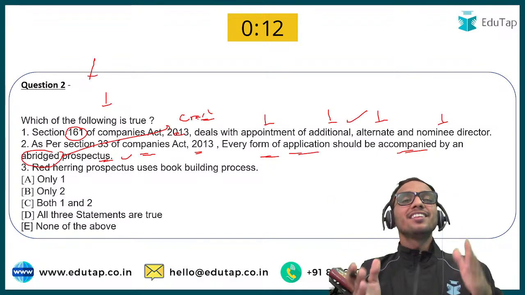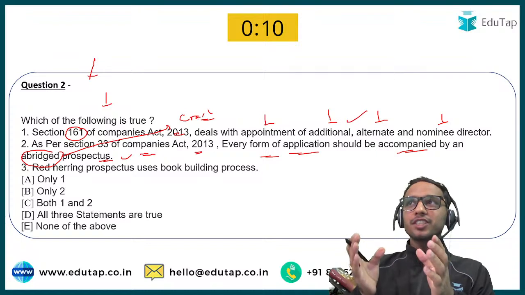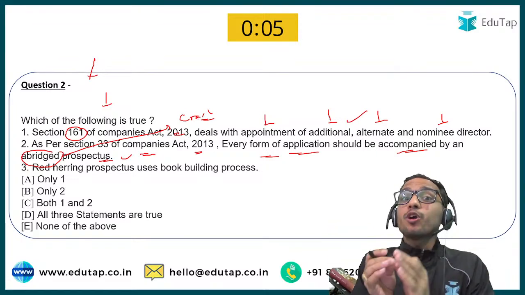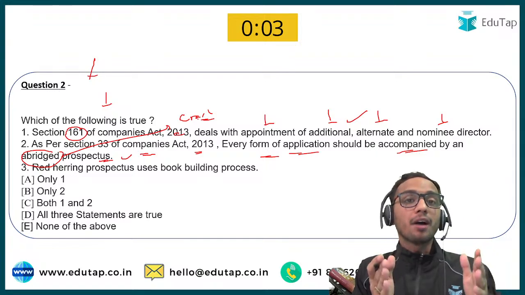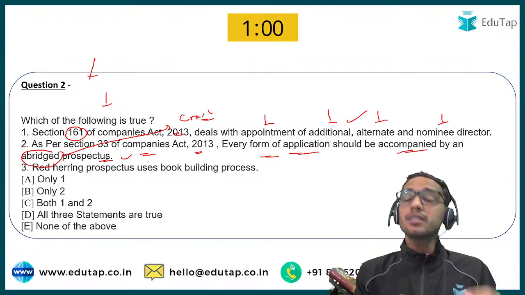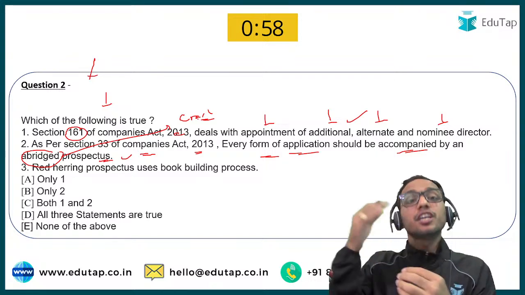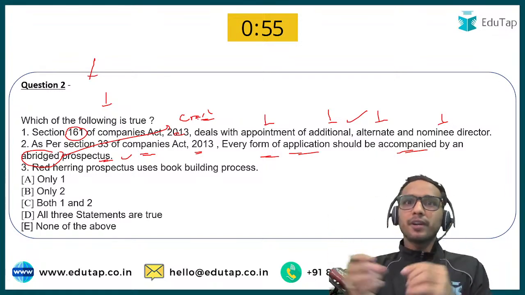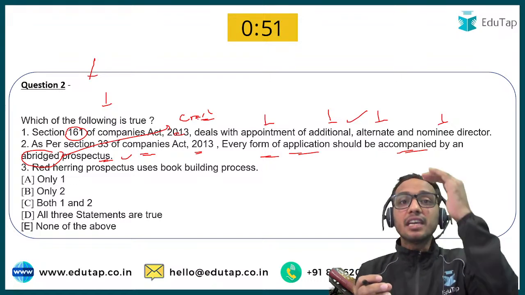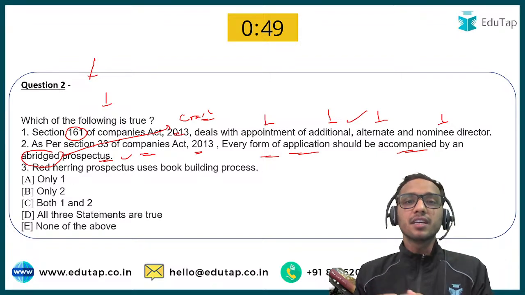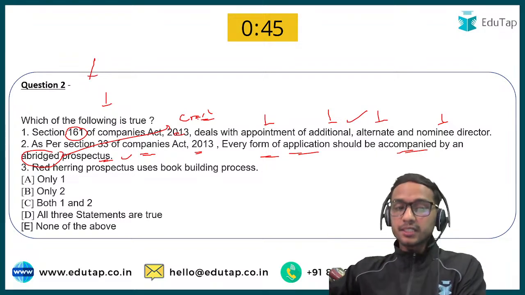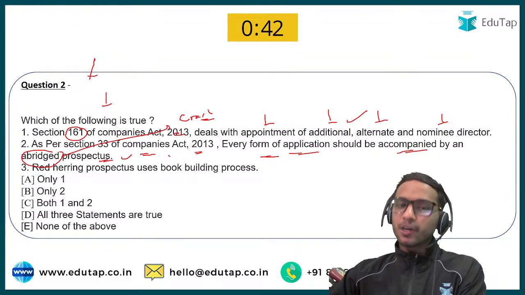Just like a crash course in which we only talk about exam related content, this abridged prospectus is only going to have the important features of the prospectus, the main features that are relevant for the potential investors. The full prospectus is heavy and bulky, but the abridged prospectus is going to have only the salient features, and it is to be accompanied with the application form. So yes, statement number 2 is also correct.